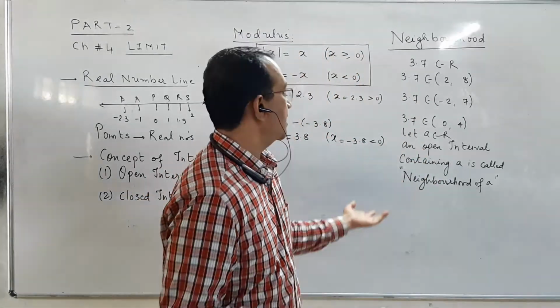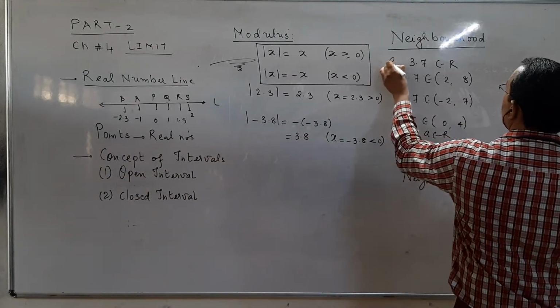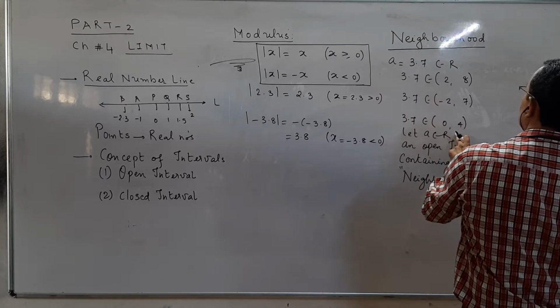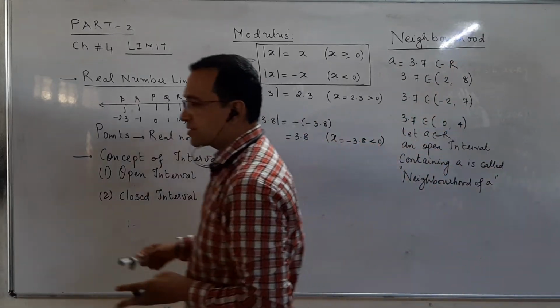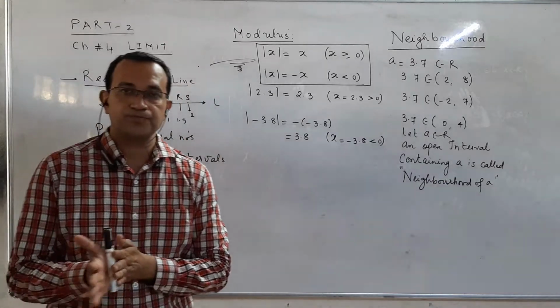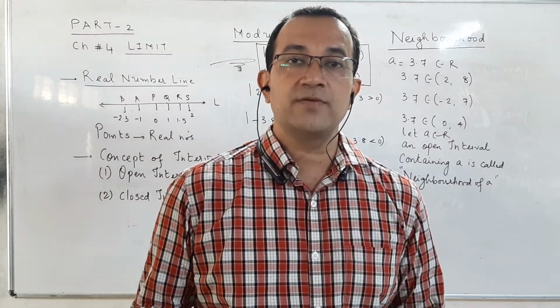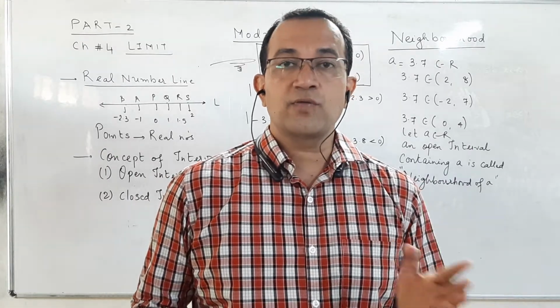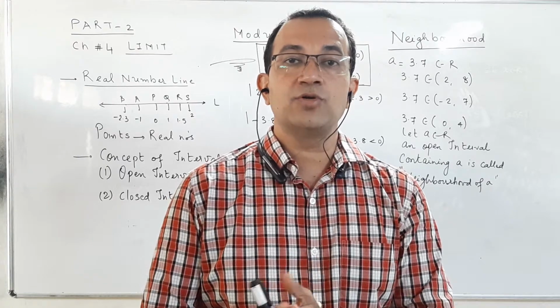So as per our example, A is equal to 3.7, which is a real number, and all these open intervals include 3.7. So these open intervals are neighborhoods of A. The most important MCQ from this definition is true or false: a real number A has infinite neighborhoods.